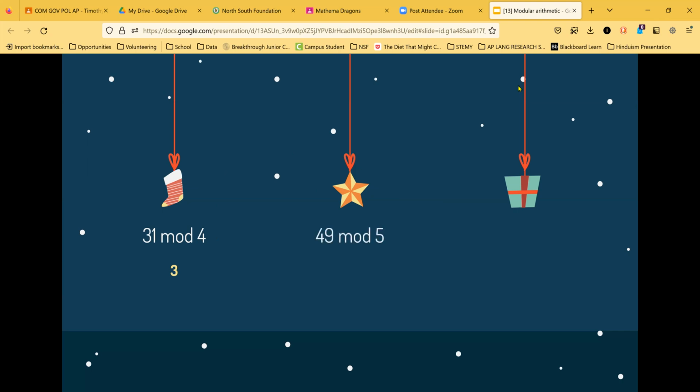What is 49 mod 5? Yes, I am seeing a lot of answers. It is 4. Again, 49 divided by 5 is 9, remainder 4. So 49 mod 5 is equal to 4.